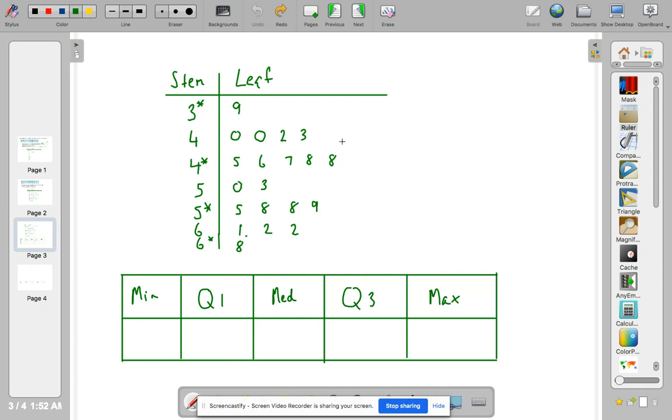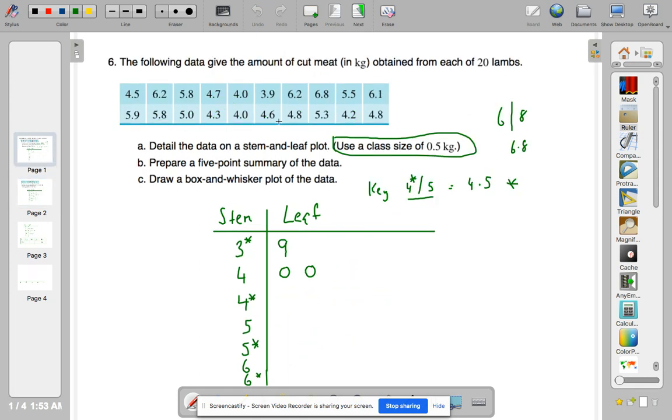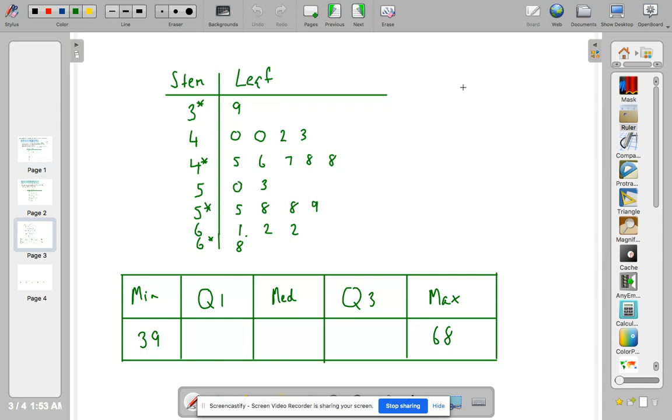So now I've got a chance to do my calculations. The minimum straight away will be 39, that's the lowest, and the maximum is 68. Let's have a look at the median. I'm told that I've got 20 lambs here, so there's 20 pieces of data. For median, we want n plus 1 over 2, so 20 plus 1 over 2, 21 divided by 2, I want the 10.5 score. That's halfway between the 10th and the 11th.